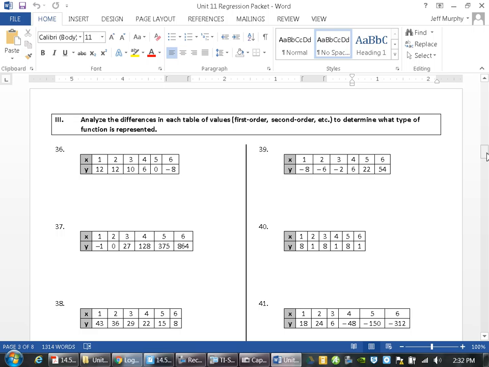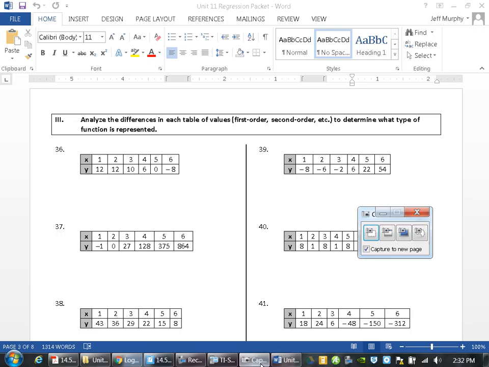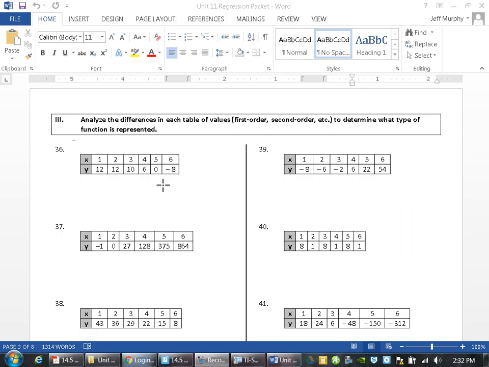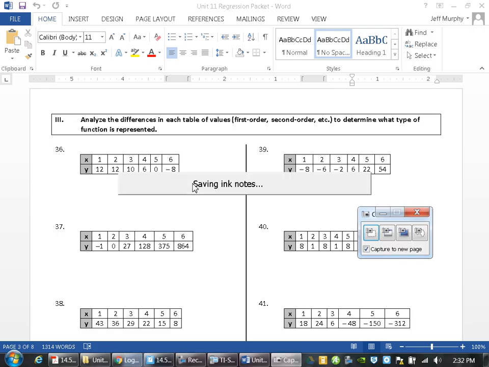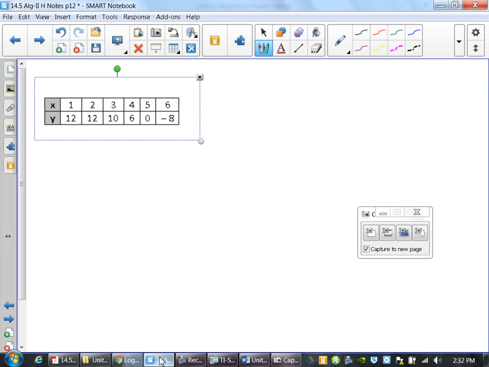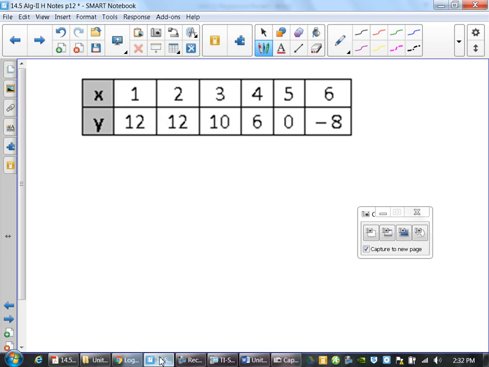Using finite differences is great when you have polynomials. Finite differences won't work when you have exponential or logarithmic. That's when you'll probably wind up using your graphs a little bit more. For some of these, finite differences work pretty fast. Here's a 0, -2, -4, -6, -8.